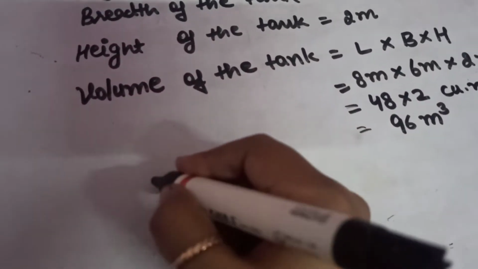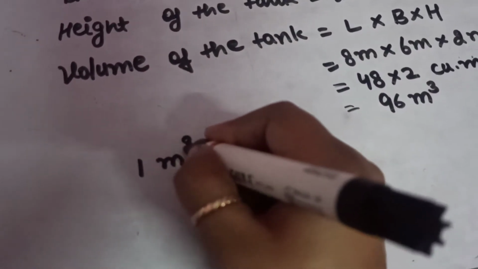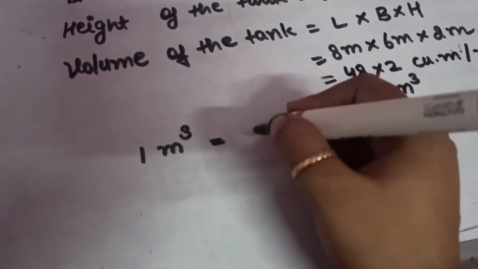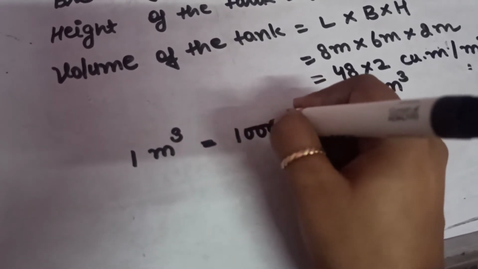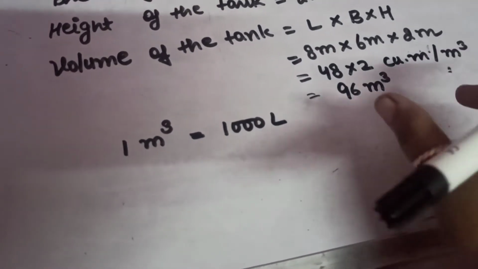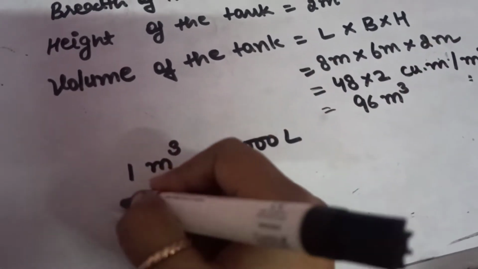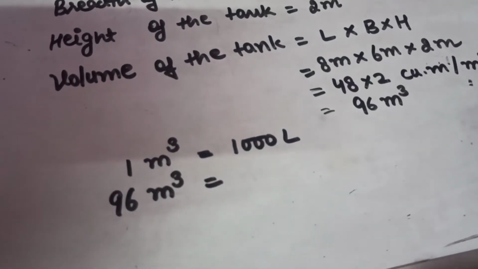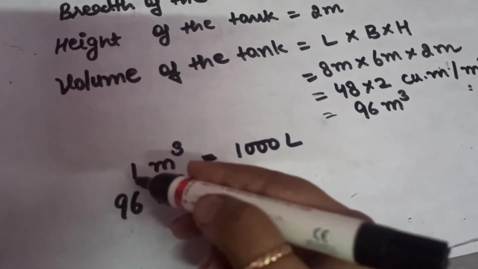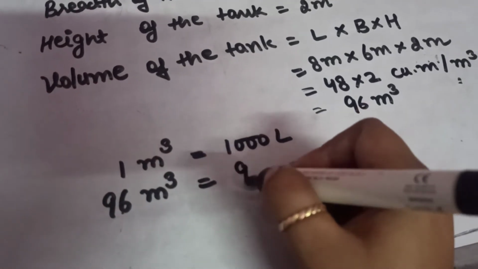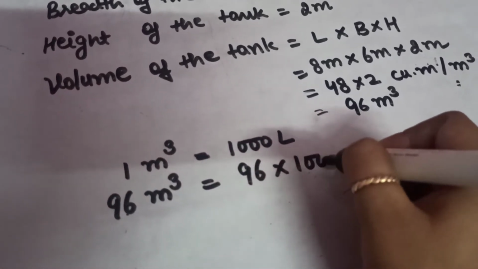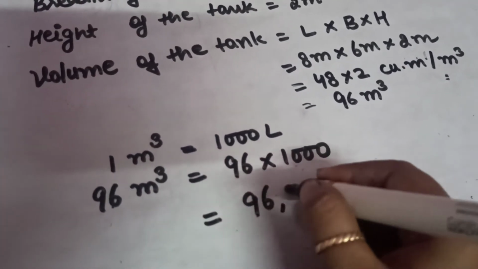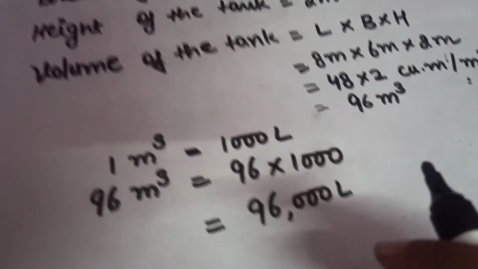Now in bracket it is written like this: 1 meter cube equals to 1000 liter, right? So we have to convert this 96 meter cube, so what we will do here, 1 to many, so we will multiply with 1000, right? And it comes 96,000 liter.